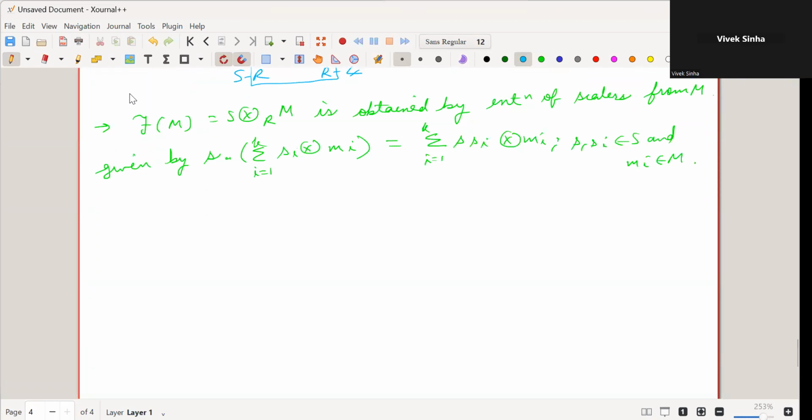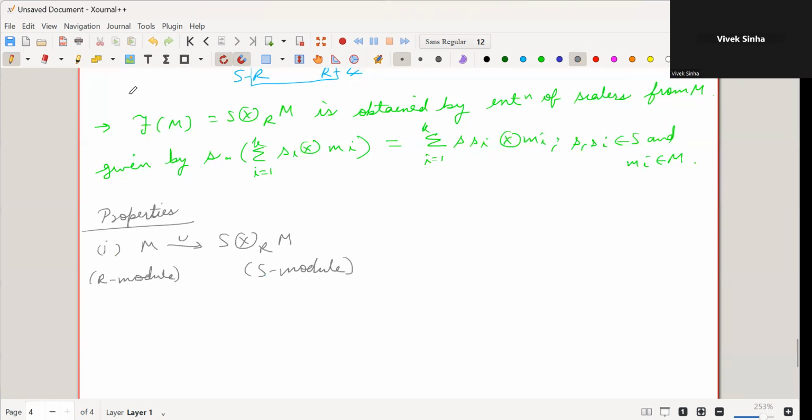So some properties we will see. First one is the map from M to S tensor_R M. M is an R module, and this is an S module.